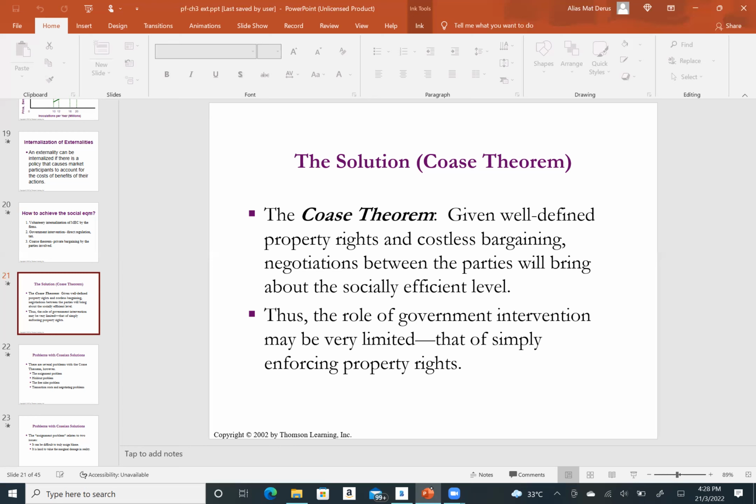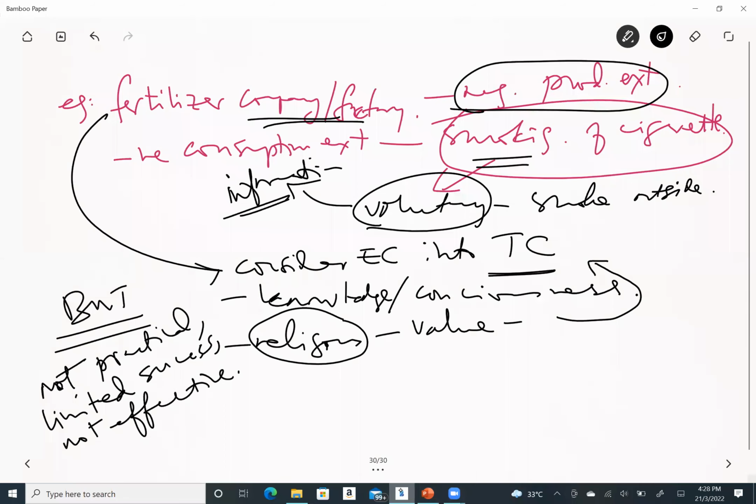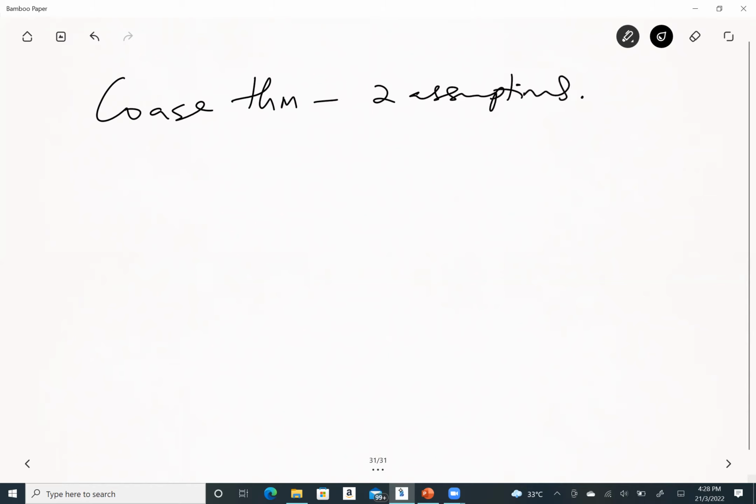So, Coase theorem, C-O-A-S-E. You have two assumptions, and then you have the theorem.